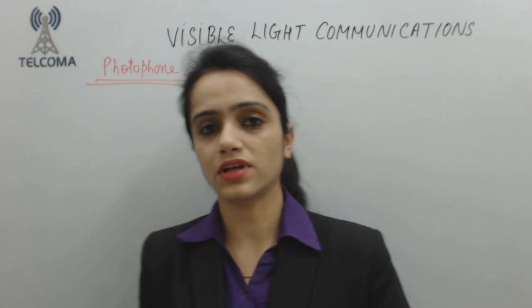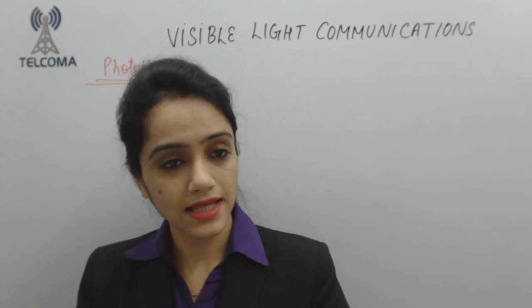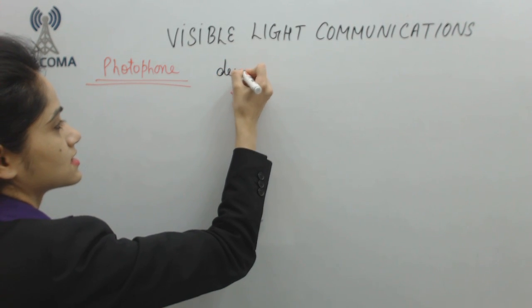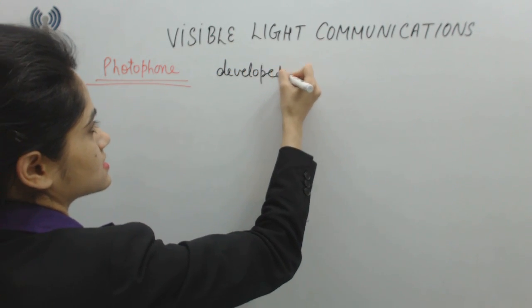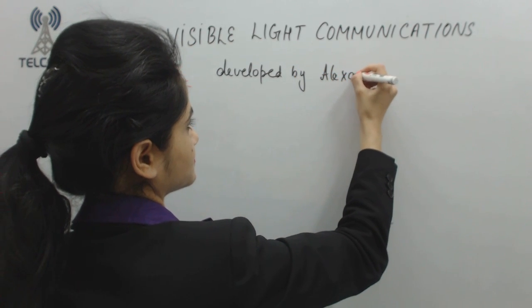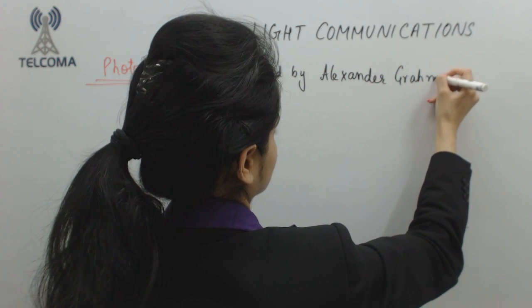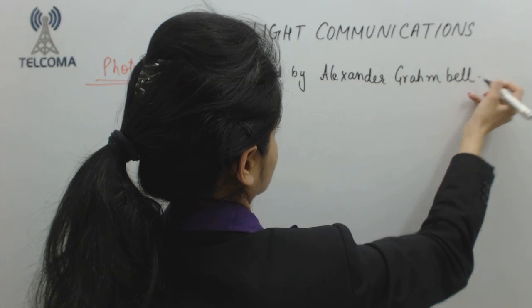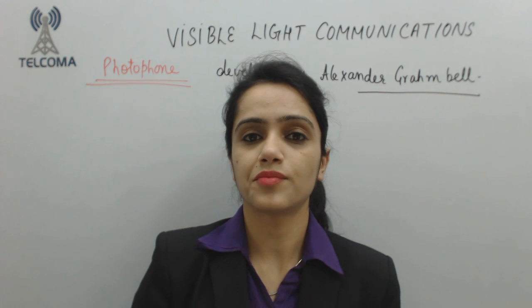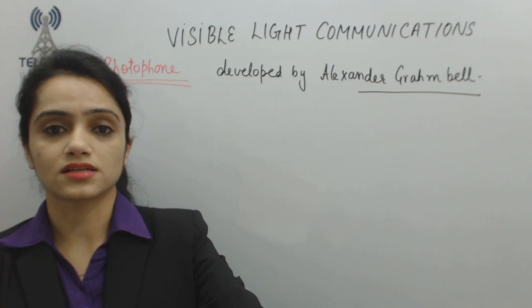Let's understand what this photophone is. The photophone was developed by Alexander Graham Bell and his assistant Charles Stanter in 1880.